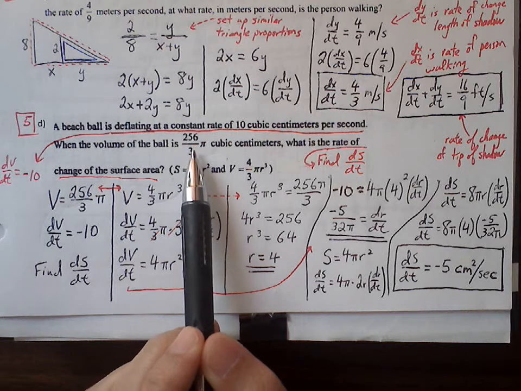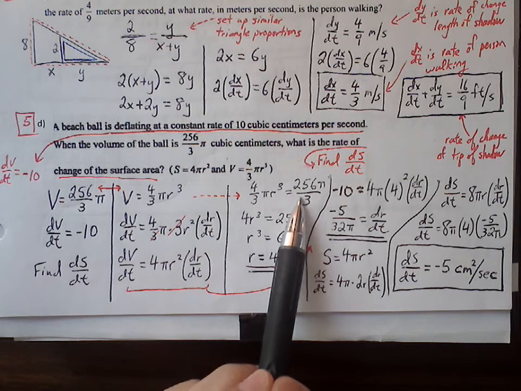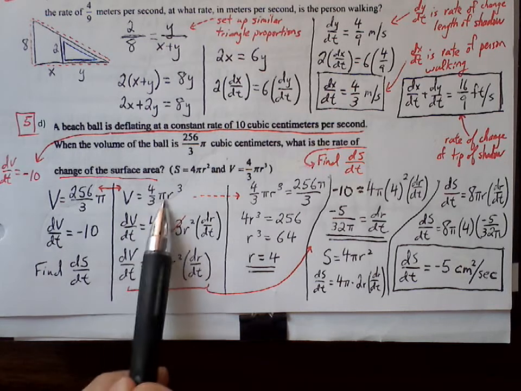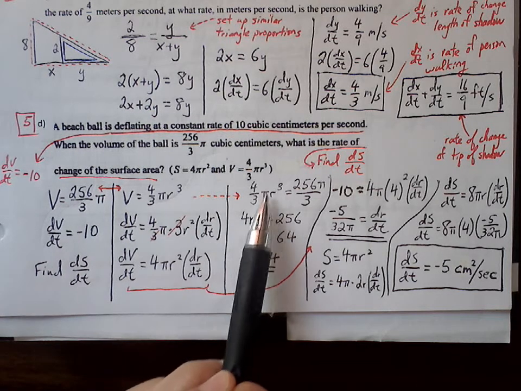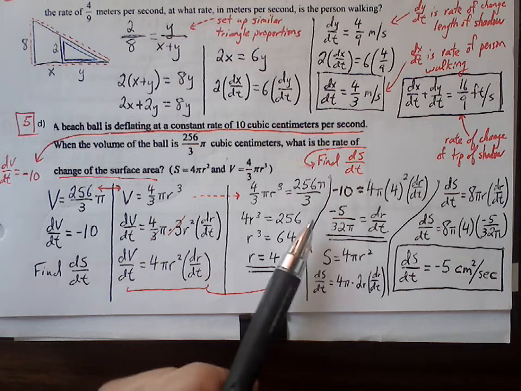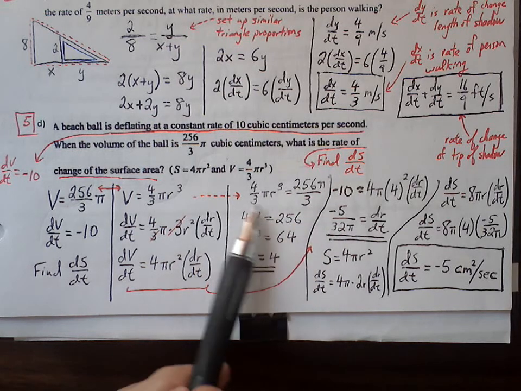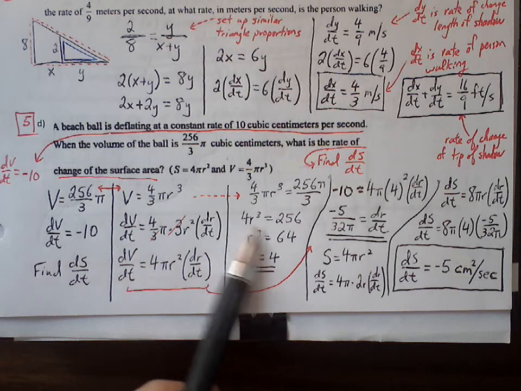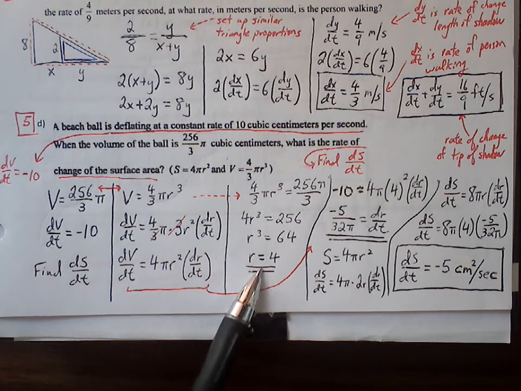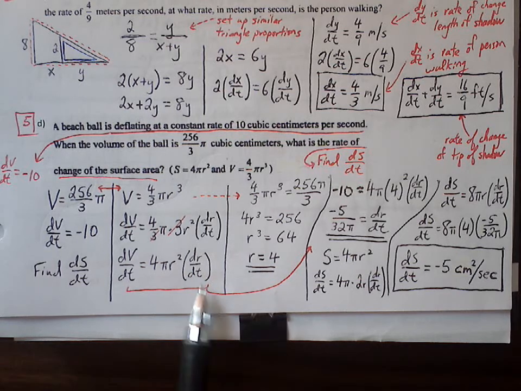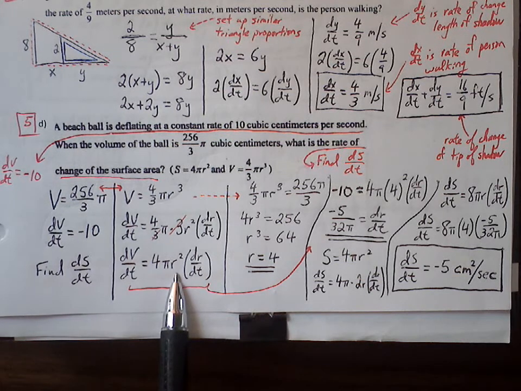We know that this is the volume at a moment in time, and if we know that's the volume, we can use that to help us solve for r. So we can say 4/3 π r cubed is equal to 256π/3. The π's cancel out, multiply both sides by 3, then we divide both sides by 4, take the cube root of both sides, and we get r equals 4.